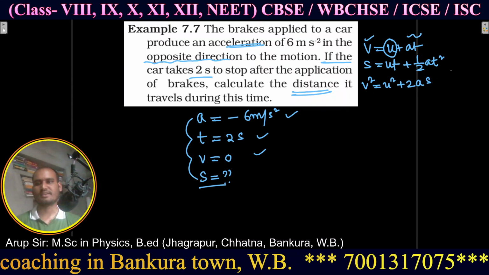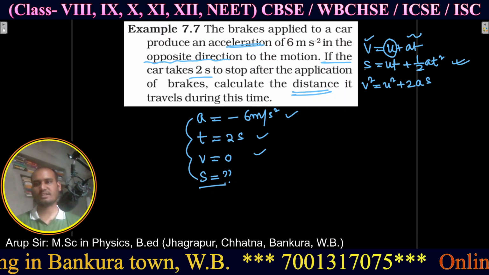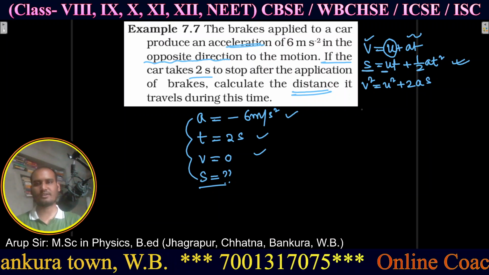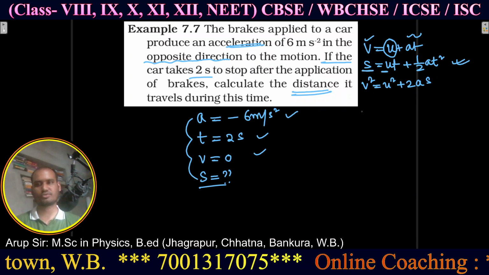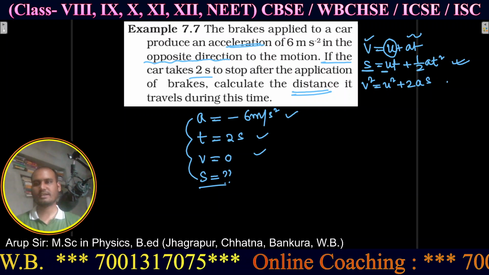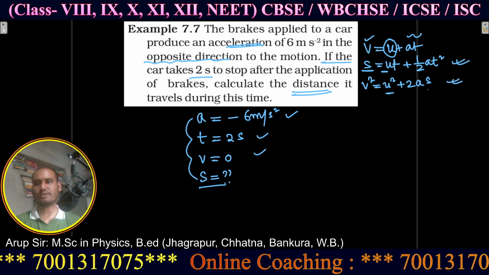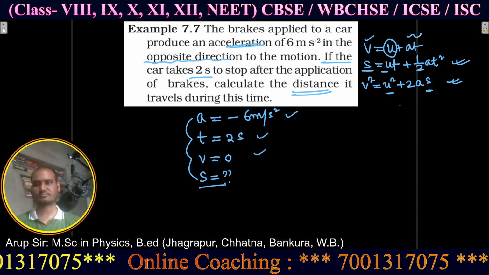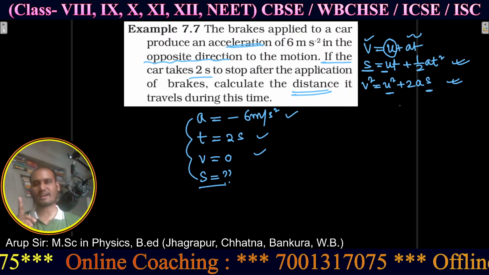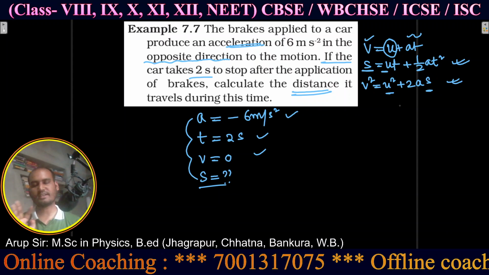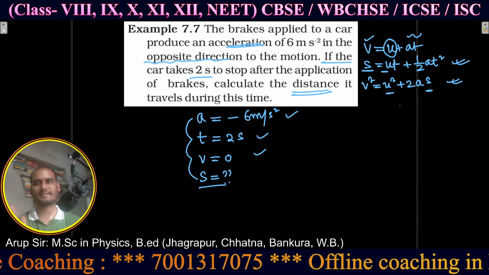For this equation, U and S both are unknown, so we cannot solve. Here also the same thing, U and S both are unknown. If two things are unknown, you cannot calculate using that formula.